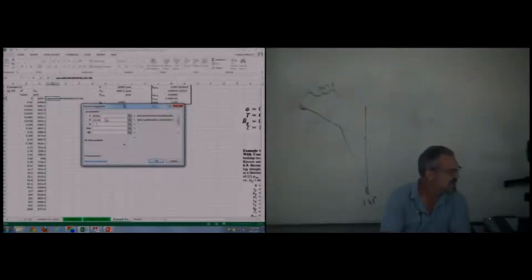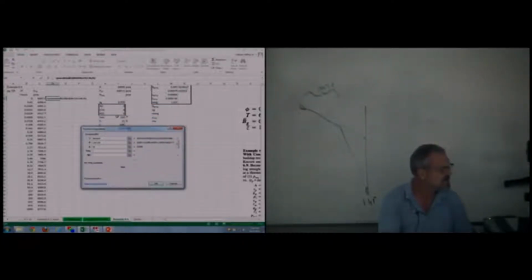G is gas gravity. T is reservoir temperature. N2, CO2, H2S, and I have to give it an initial pressure.